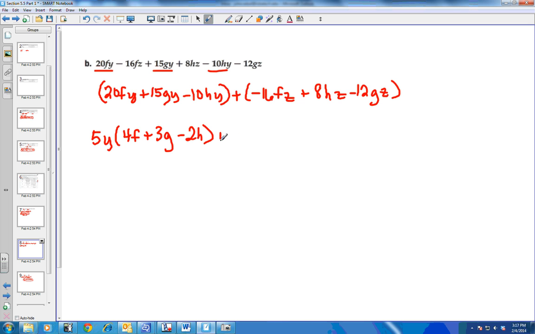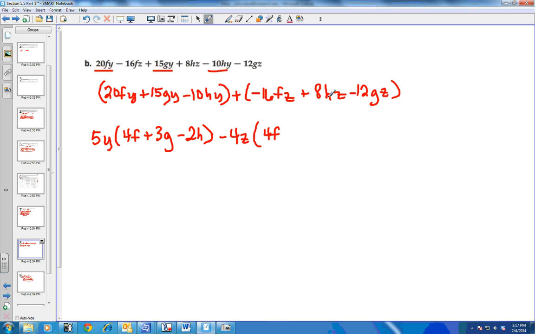Now, what can I factor out here? A 4, and I'm going to factor out a negative 4 because of this negative right here, and they each have a z in common. So when I take out this negative, that leaves me with a 4f. That's good, those match up.